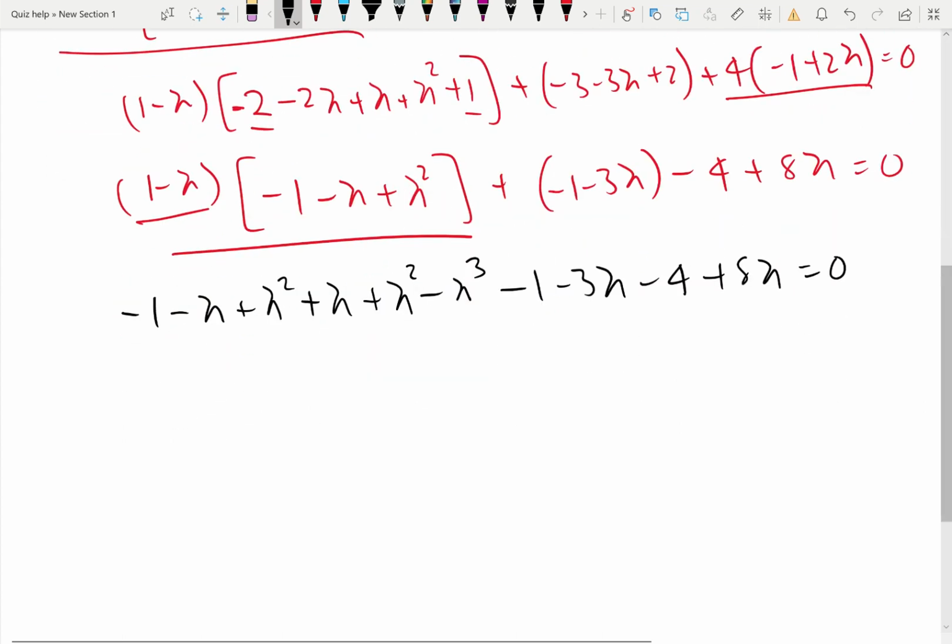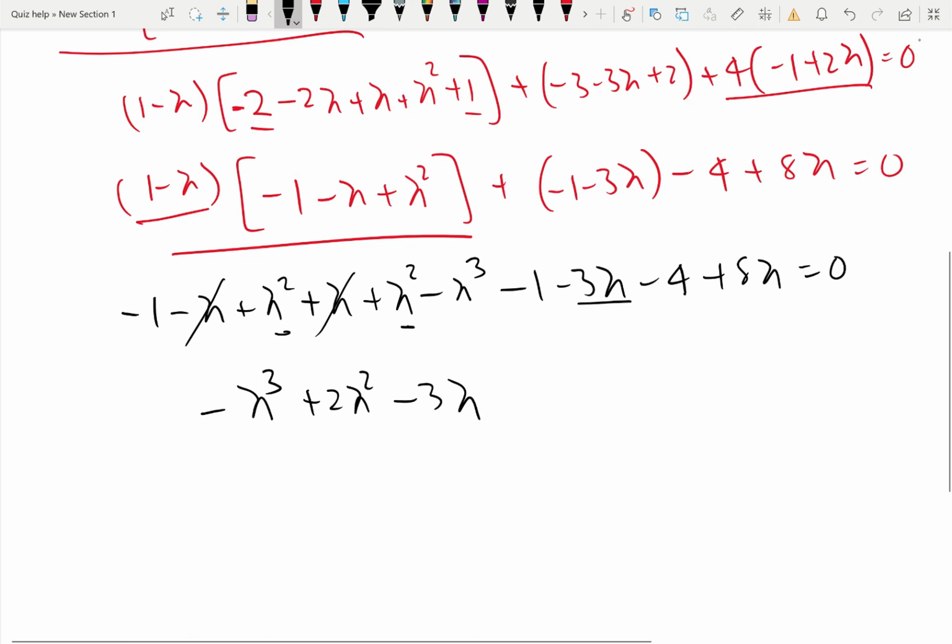Negative lambda cubed, 2 lambda squared terms, the lambda terms: negative lambda cancels out, negative 3 lambda plus 8 lambda is plus 5 lambda, and the constants negative 4, negative 1, negative 1, negative 6, equal to 0. So this is the cubic equation.